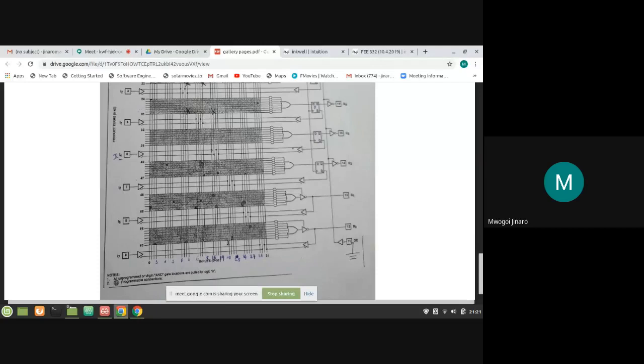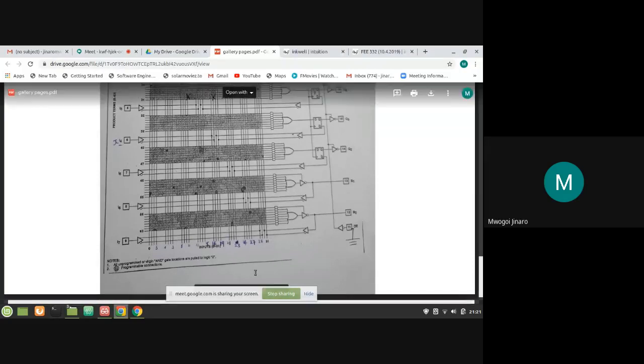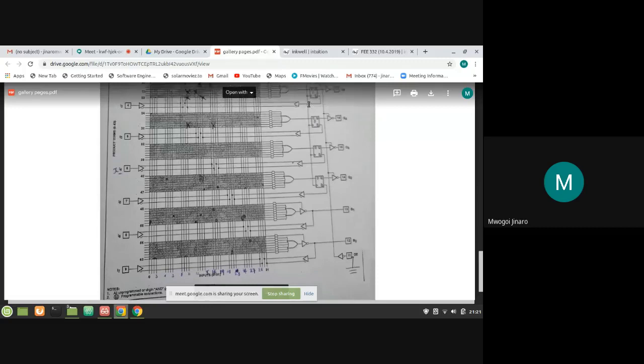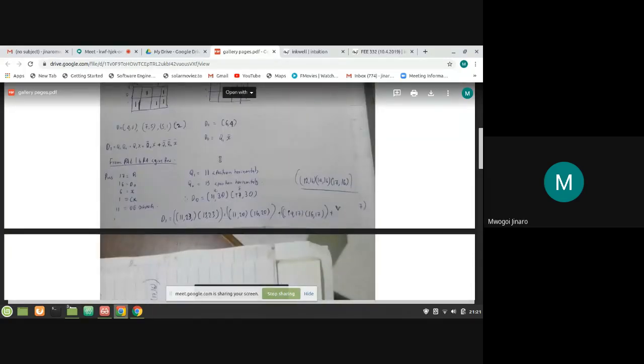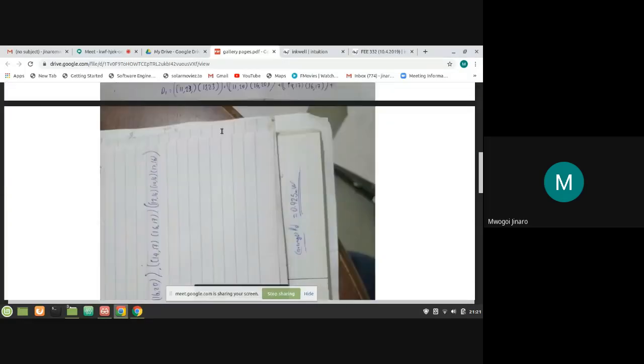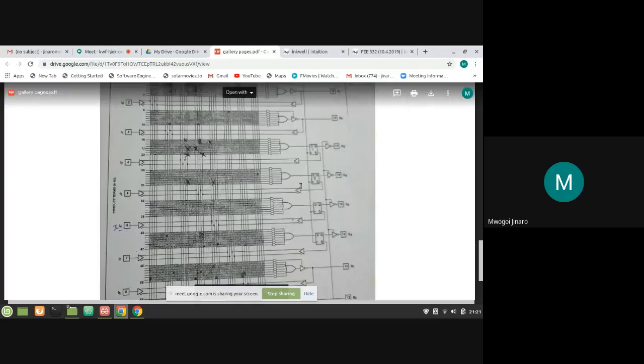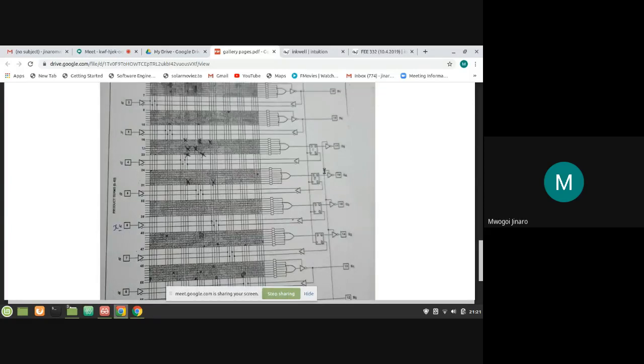So what happens? Going to power this D naught flip-flop, we're going to consider the grid that has the AND gates which power the OR gate for the D naught flip-flop.